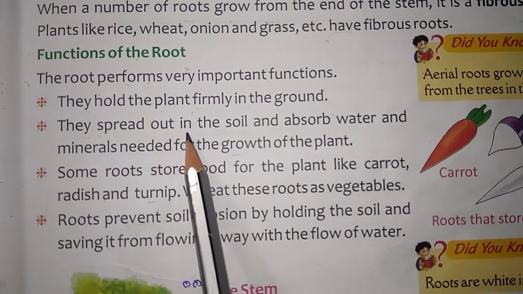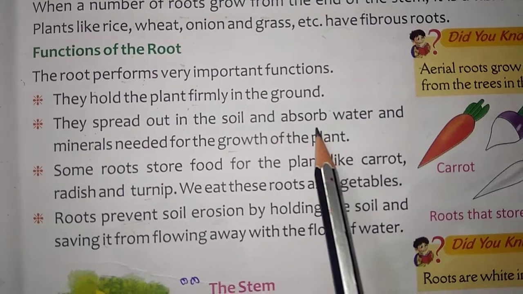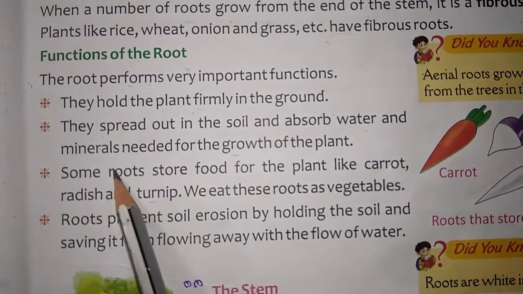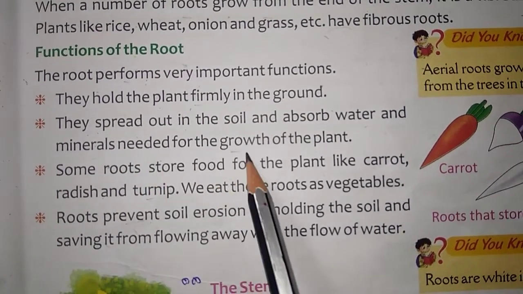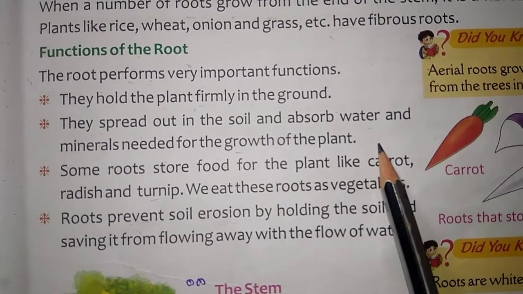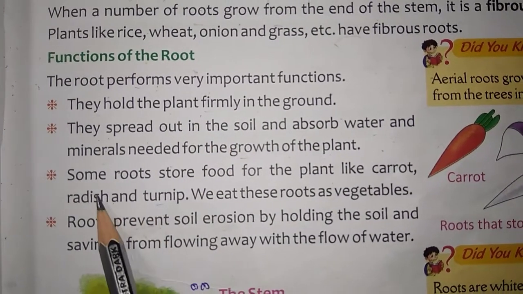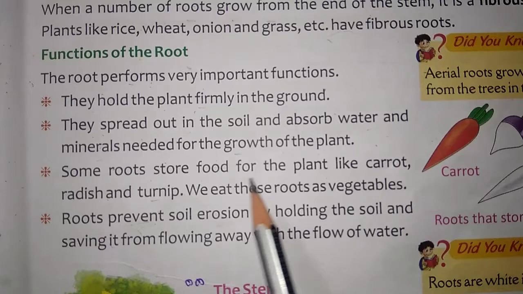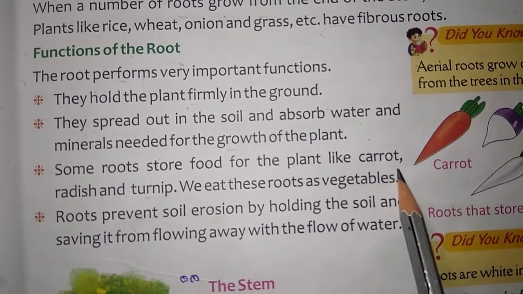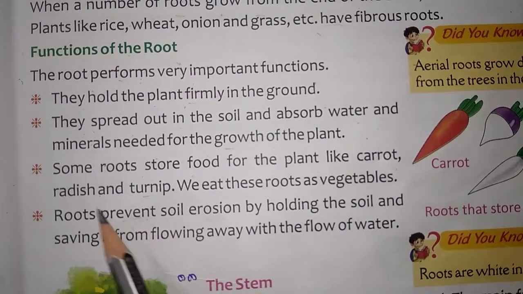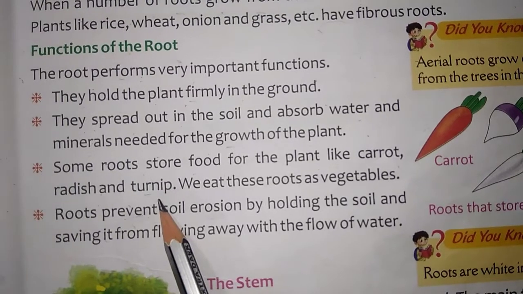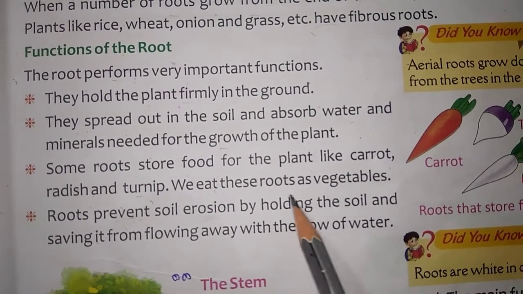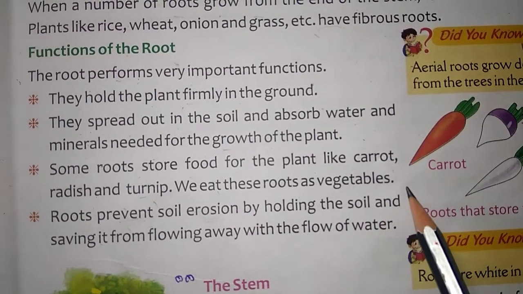They spread out in the soil and absorb water and minerals needed for the growth of the plant. Some roots store food for the plants like carrot, radish and turnip. We eat these roots as vegetables.